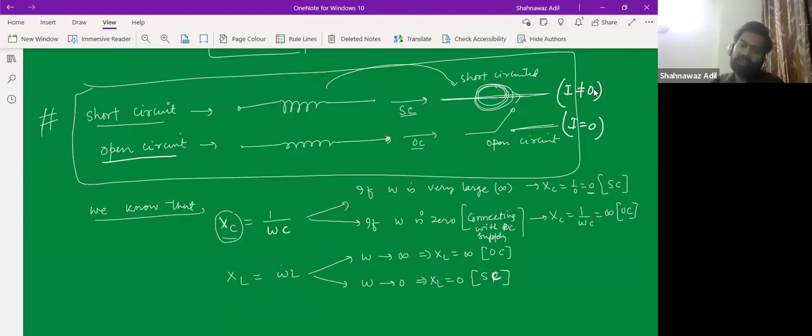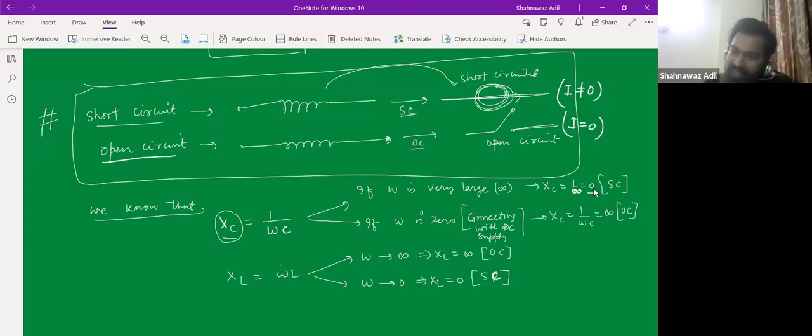Now for the case of the capacitive circuit, the resistance of the capacitive circuit is 1 by omega C. If your frequency is very large, omega is infinity, so 1 by infinity is 0.